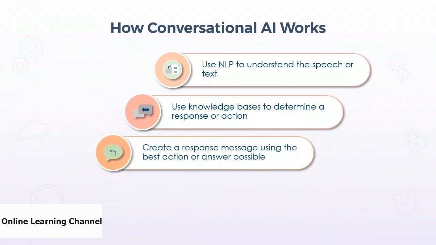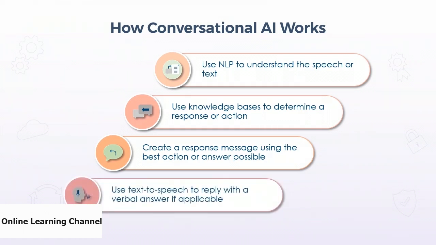The AI bot then creates a response using what it's determined as the most appropriate action or answer based on the question and the context of the conversation. The AI bot's response can be in text format, or they can also use text-to-speech for vocal or verbal answers if applicable based on the medium in use.